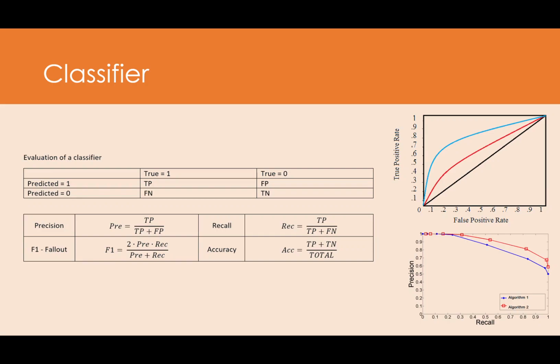These are the most important formulas you have to remember, and the precision and recall diagram is for sure important, but also the other one, the ROC curve, which is frequently asked during the reasoning questions about data science in general.